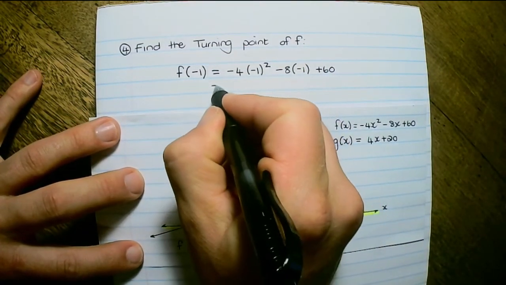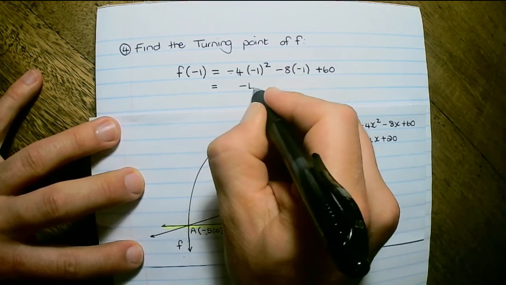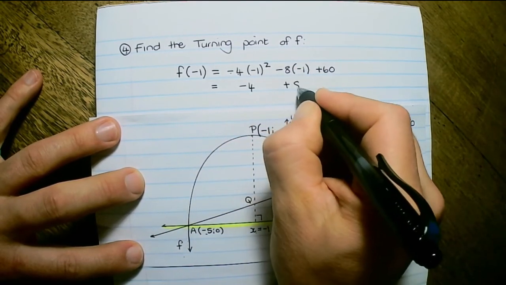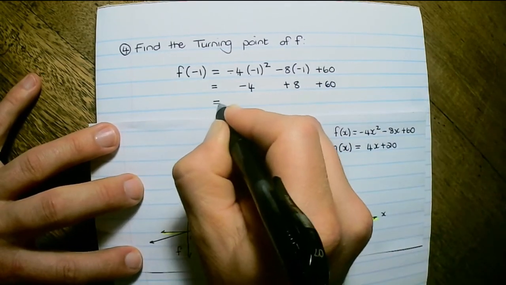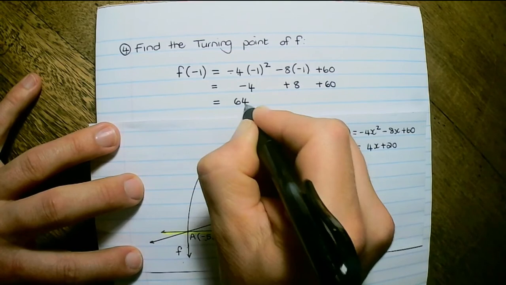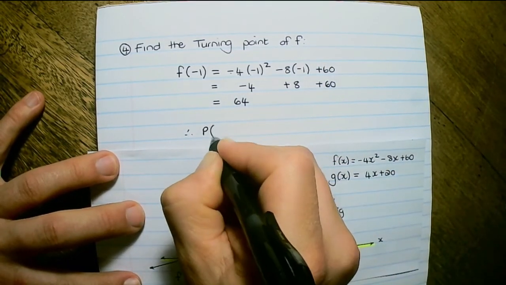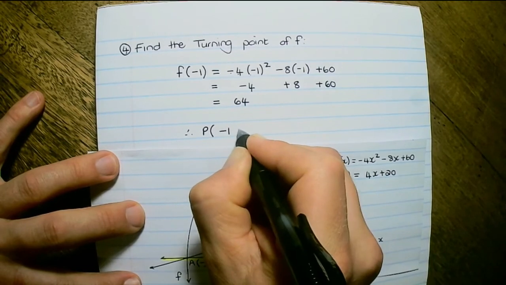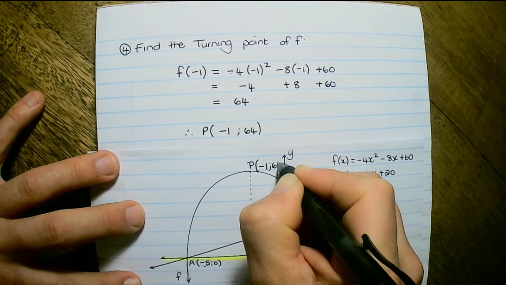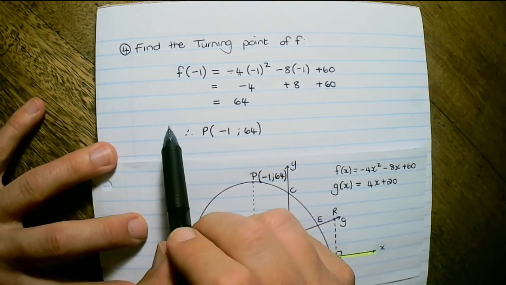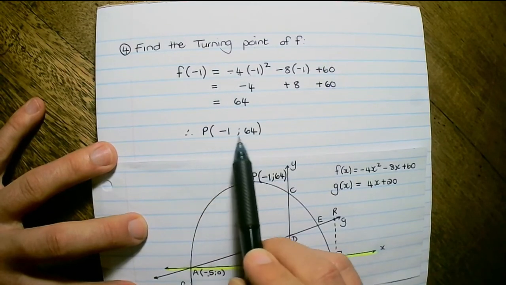If I multiply this out, this is -4 times 1, which is -4, plus 8 plus 60. And that is equal to 64. So therefore, the turning point, which is P, is -1 for the x value and 64 for the y value. Also notice when they say find the turning point, we give it as a coordinate.